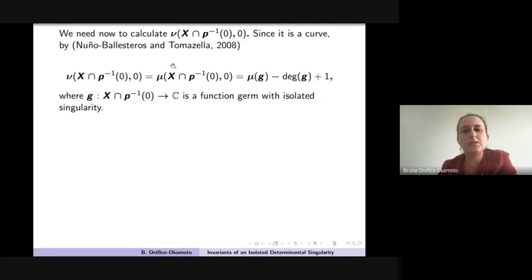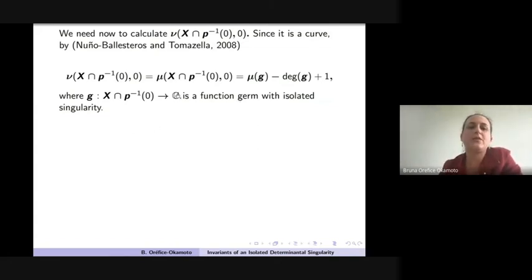So you can use this result of Nuño-Ballesteros and Tomazella to show that this Euler number is equal to the Milnor number of g minus the degree of g, plus 1, where g, from X intersection P^{-1}(0), from the curve to C, is a function germ with isolated singularity.